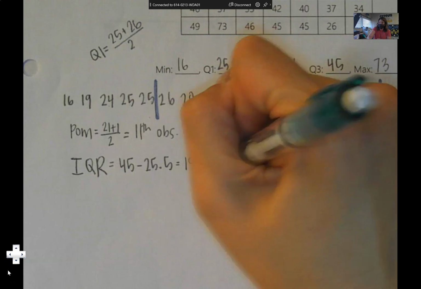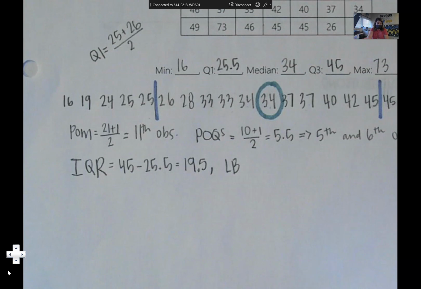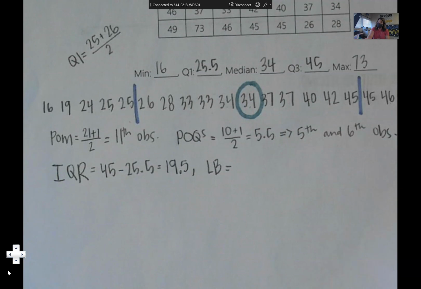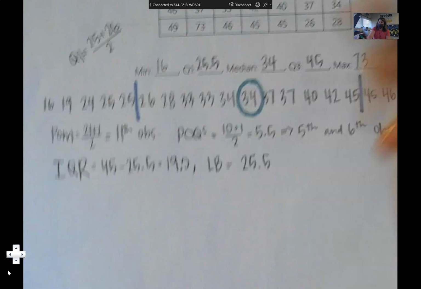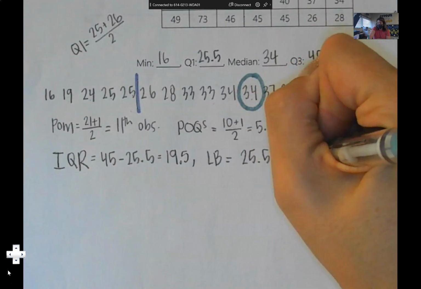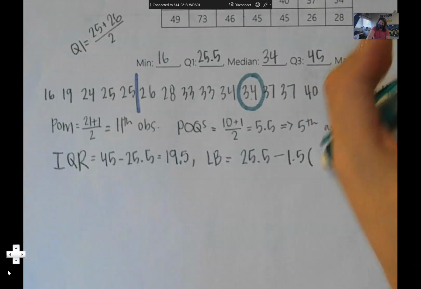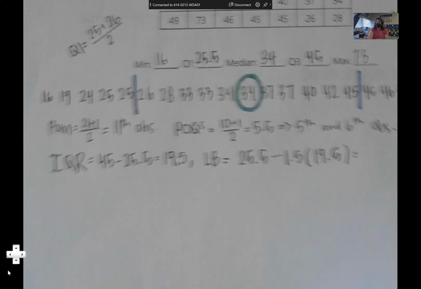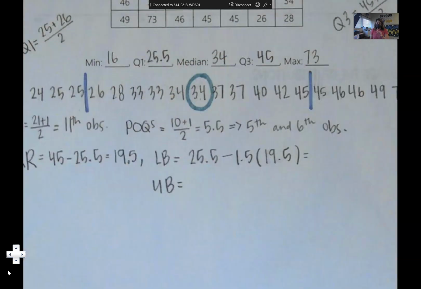Okay, so now I'm going to find my lower bound. So I take quartile 1, this is 25.5, and I subtract 1.5 times IQR, which is 19.5. How do I know this? Because we had a whole worksheet on this. So you guys have about 20 seconds to plug that in, and I'll pull somebody's name.